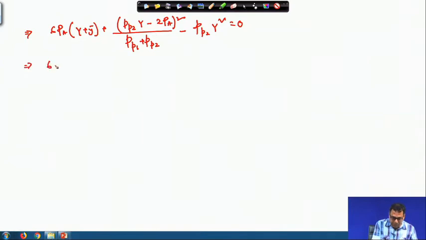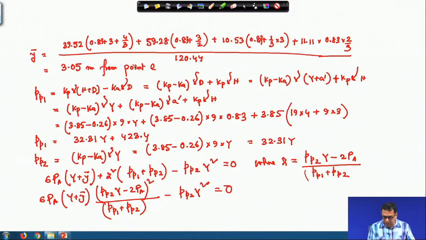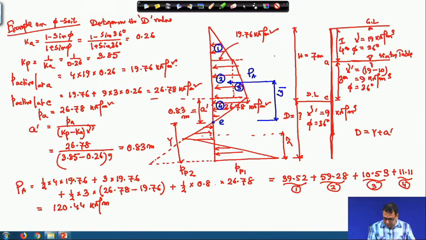So, 6PA value is 120.44, and capital Y plus y bar is 3.05. So, you can see the y bar is 3.05 and PA is 120.44.